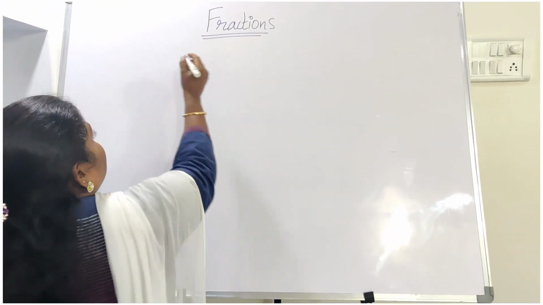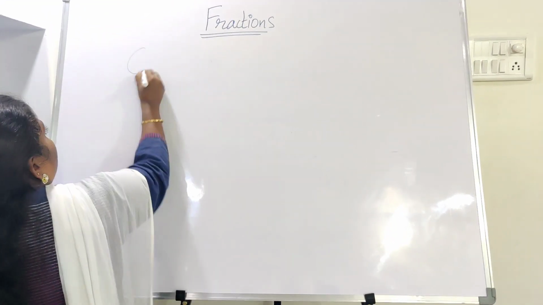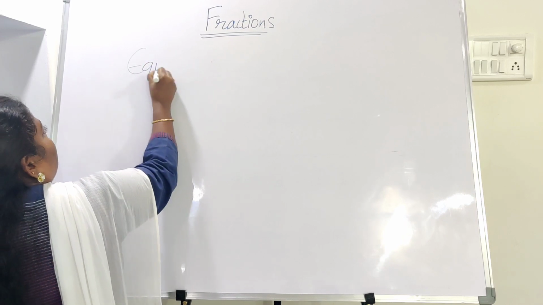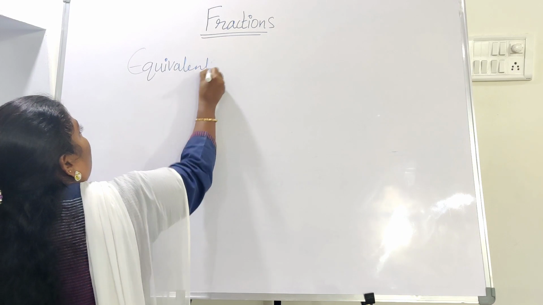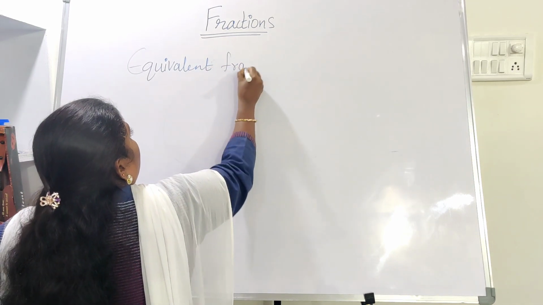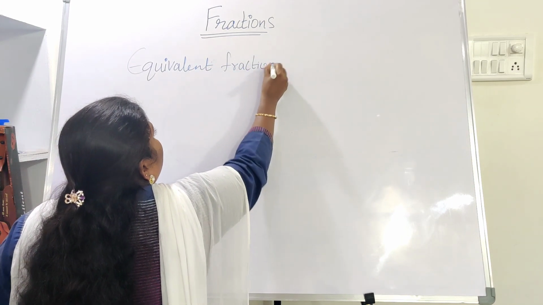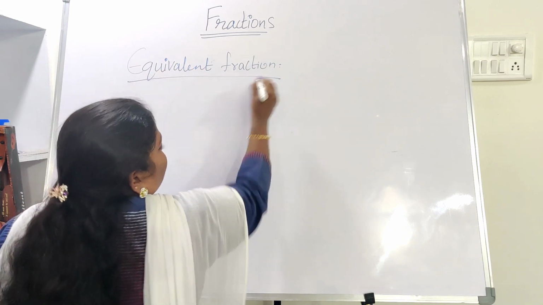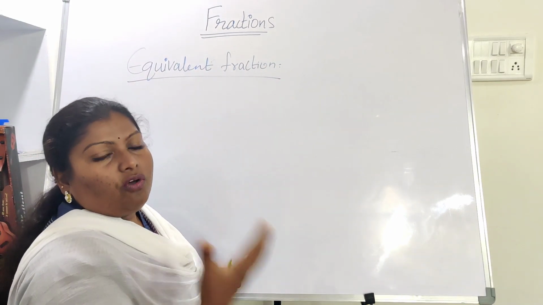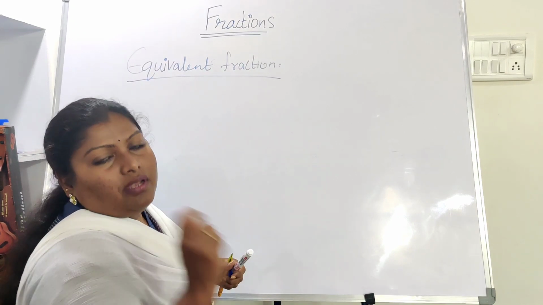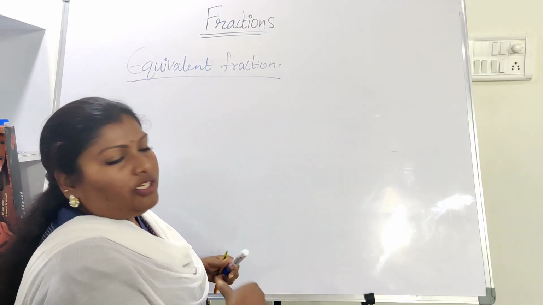So next is equivalent fraction. Now what is this? An equivalent fraction is obtained either by multiplying or dividing the numerator and the denominator by the same number.